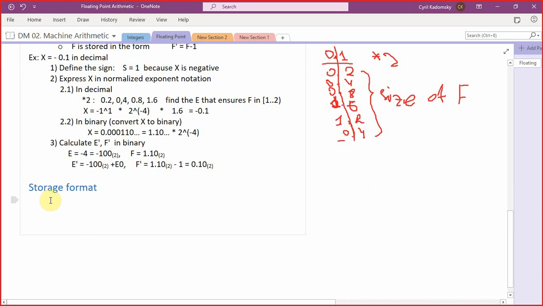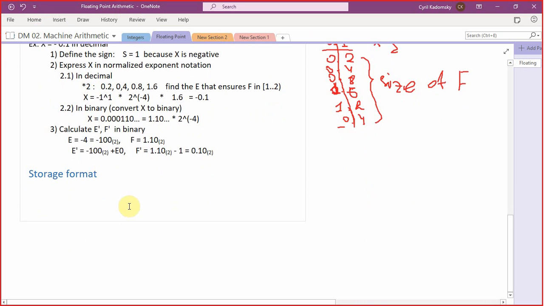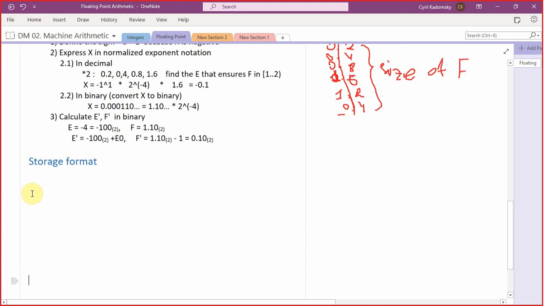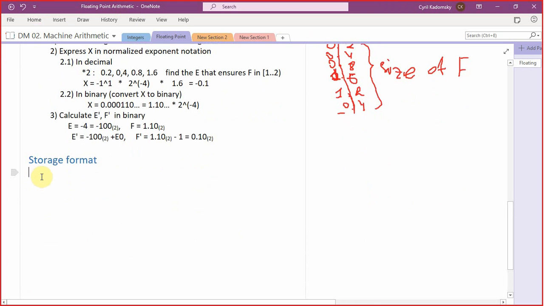And here, the storage format is basically very simple. As we said, S, E and F biased values are stored in a single memory cell, or in a single register of the processor.